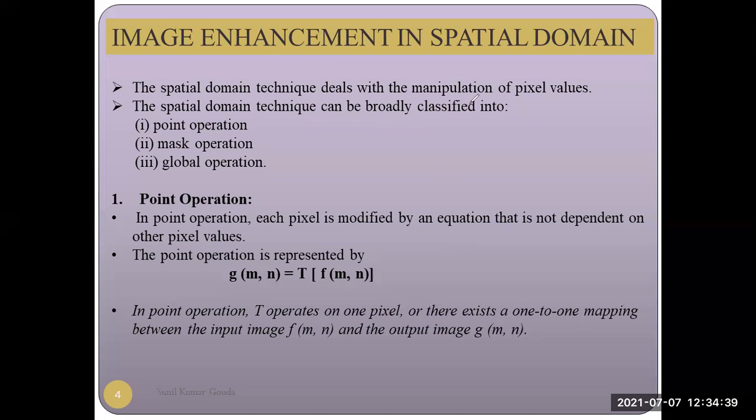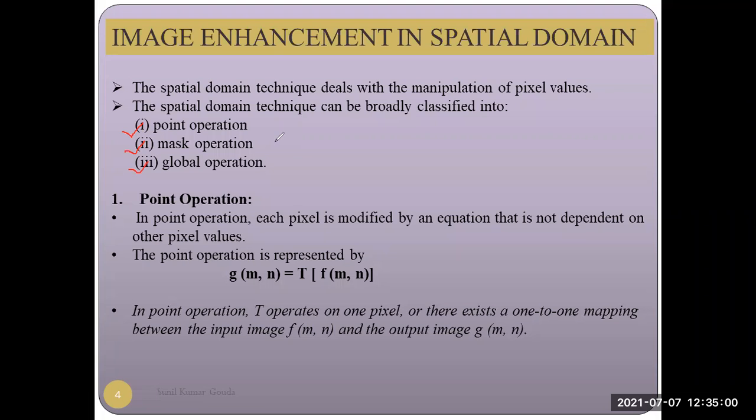This is a very important point: the manipulation is performed on the particular pixels only. The spatial domain is broadly classified into three different types of operation. One is point operations, the second is mask operations, and the third is global operations.